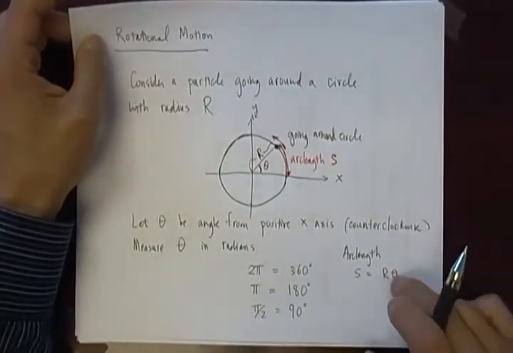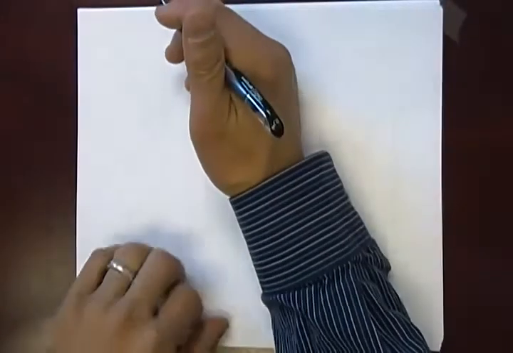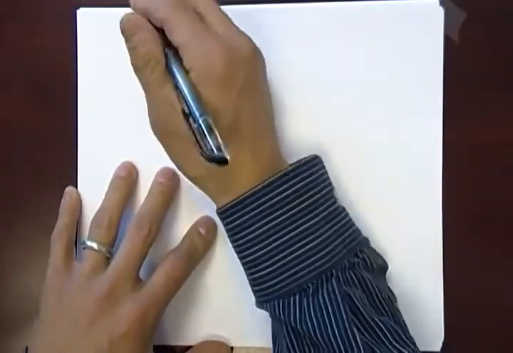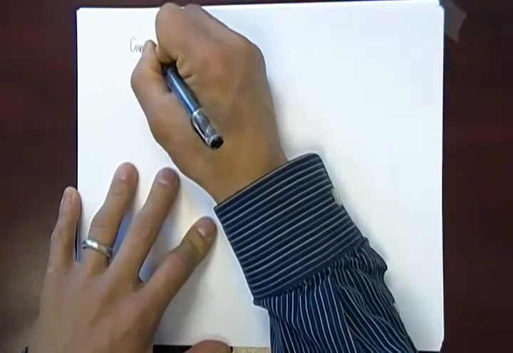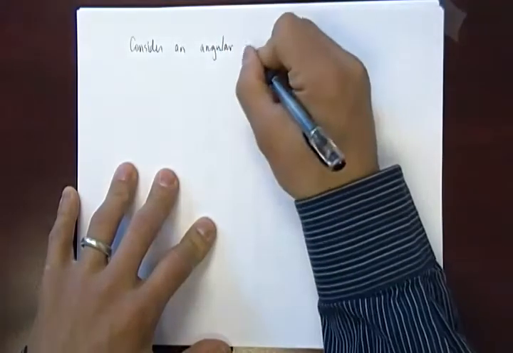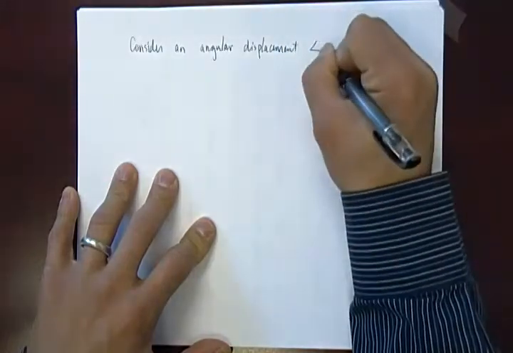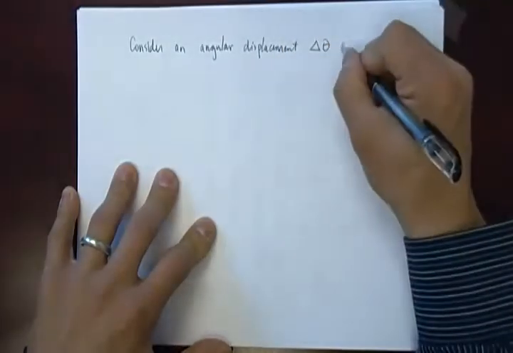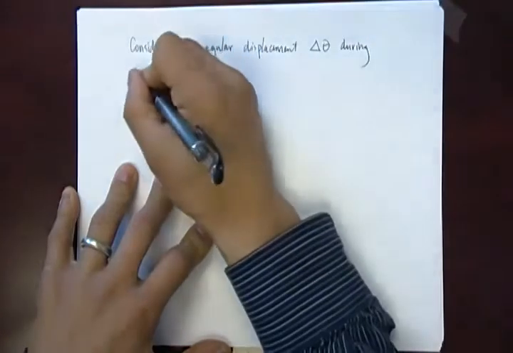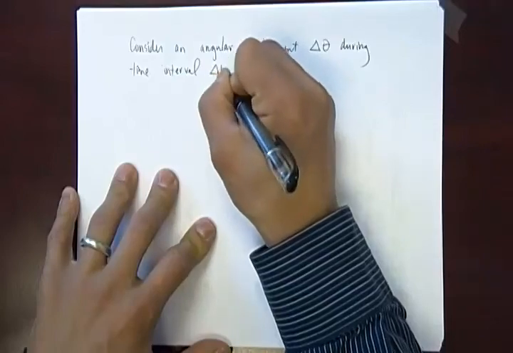Now the next thing we will do is consider a small change in the theta value. We'll call this an angular displacement, in analogy with what we did with one-dimensional motion with x. So we consider an angular displacement delta theta during time interval delta t.